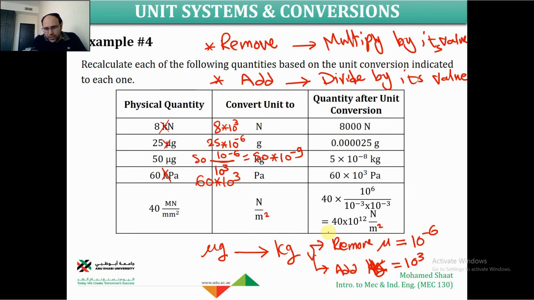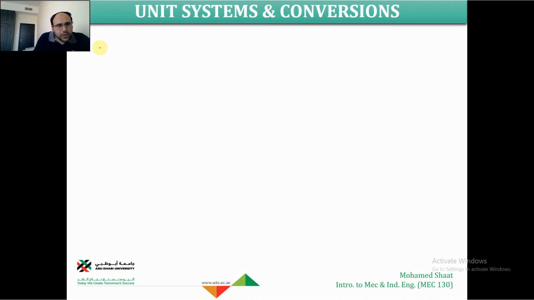So how can we do this conversion? I'm just going to explain it to you. It is 40 meganewton divided by millimeter square. I can write this as millimeter square so you won't be confused.